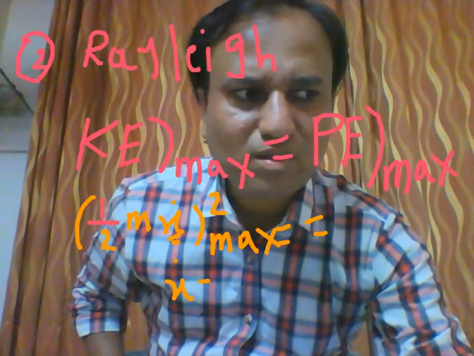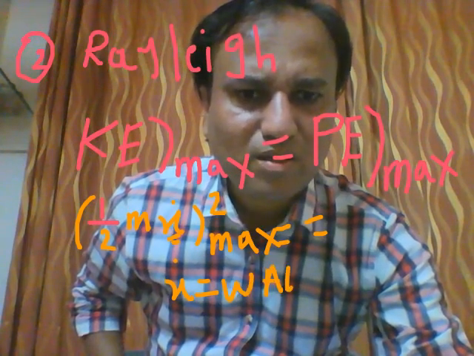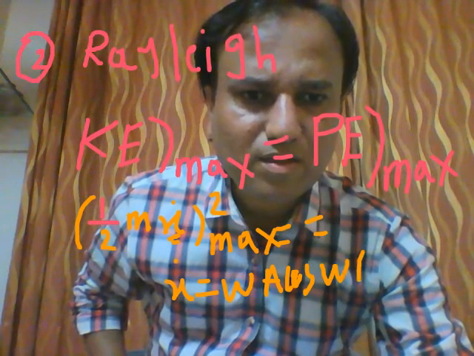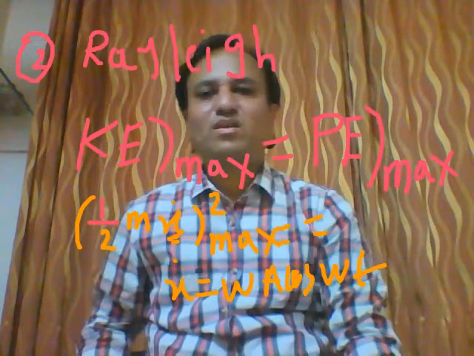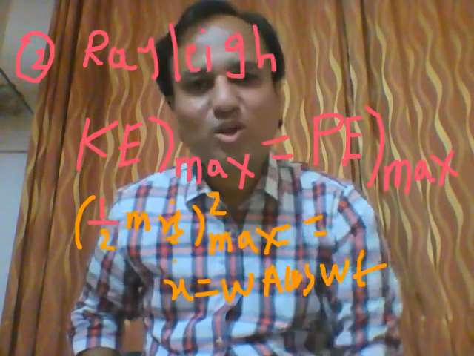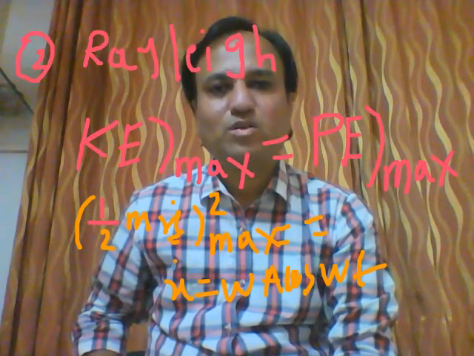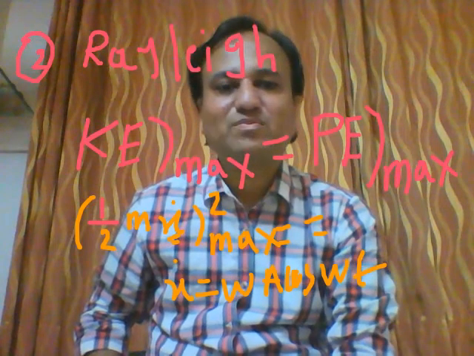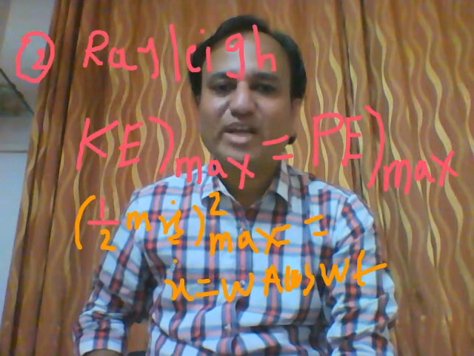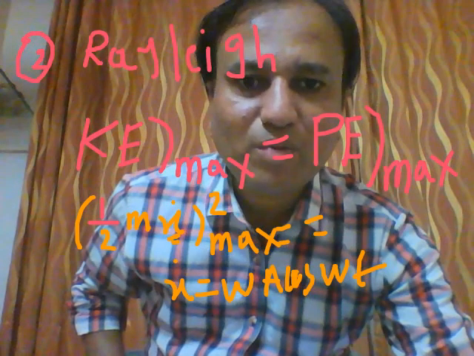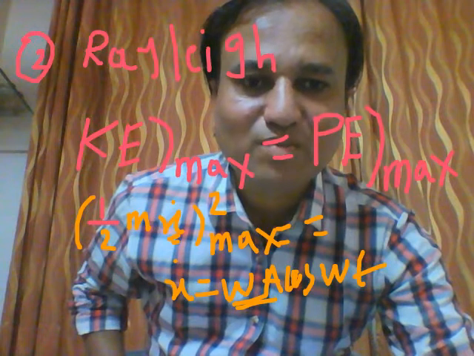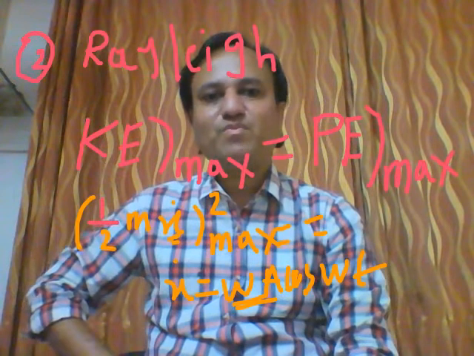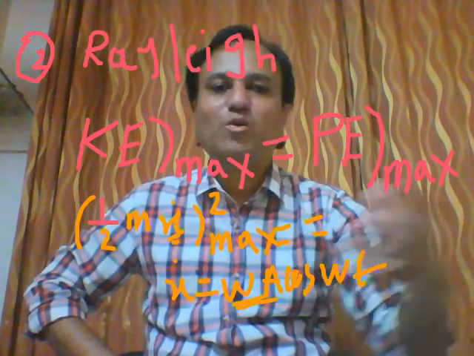This velocity will be maximum when cos omega t is maximum, that is when omega t is 0. The maximum value of cos omega t is 1, so maximum x dot will be omega a.